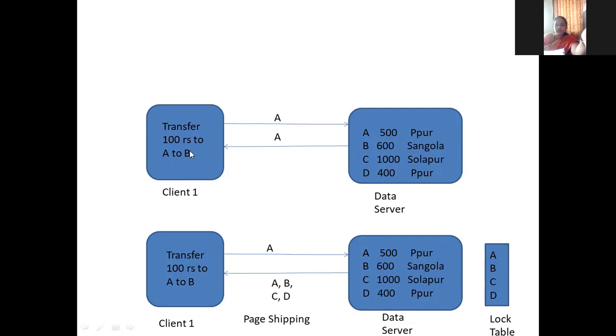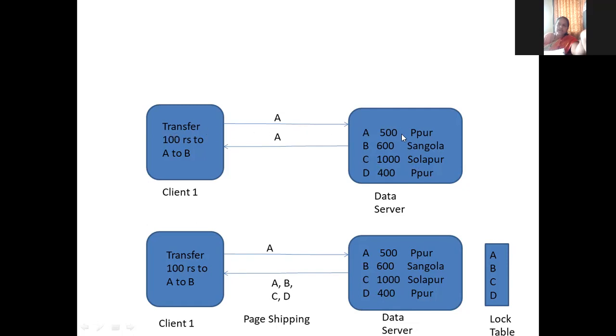So client 1 performs a transaction: transfer 100 rupees from account holder A to account holder B. The client requests information about A and B from the data server. So the data server can send the account information of A and B to the client side.